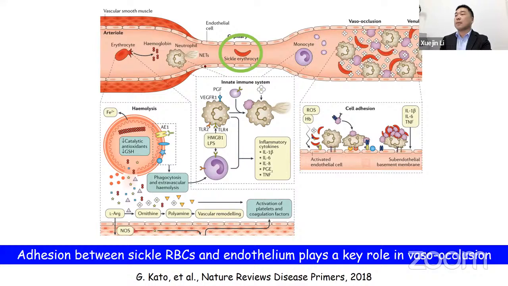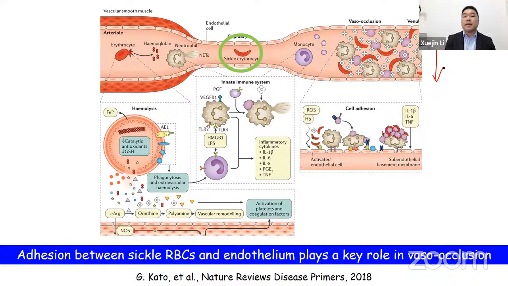So here in the microcapillary, the cell sickling can cause vaso-occlusion. But in a large vessel, like a postcapillary or venule, the size of the blood vessel is much larger than that of sickle cells. For example, this diameter is larger than the sickle cell size.